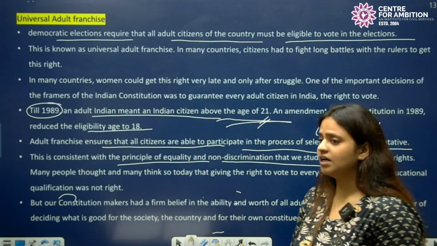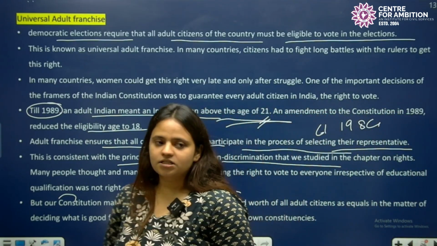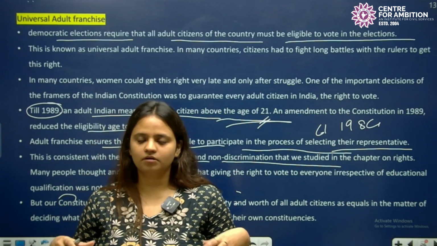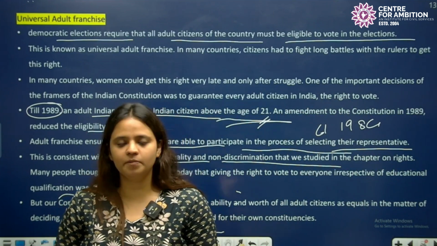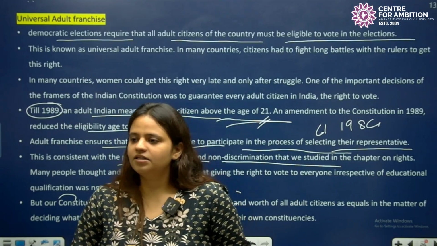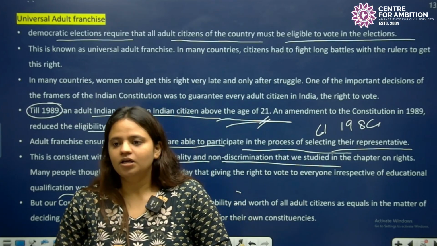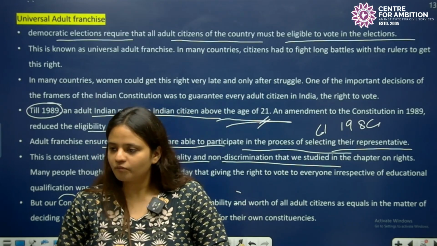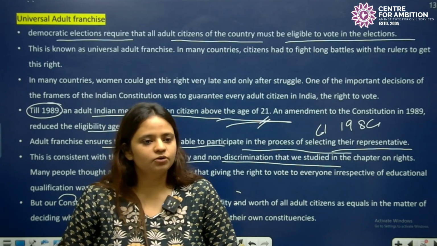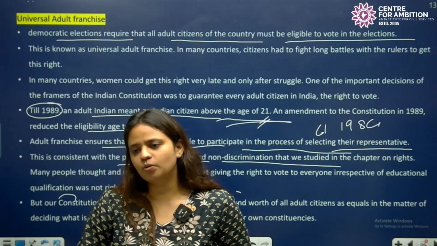It was a discussion of whether it is right that we give this adult franchise to everybody, in spite of the fact that they do not have the required education qualification. How will they know what is right and what is wrong for the country if they do not have certain education qualifications?